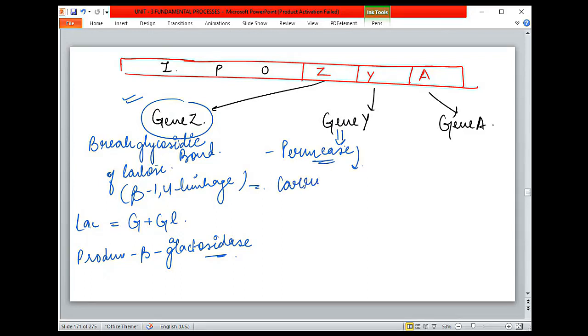Gene Y is producing permease, which is acting as a carrier protein, which is responsible for the transportation of the lactose. It is a secondary active process.